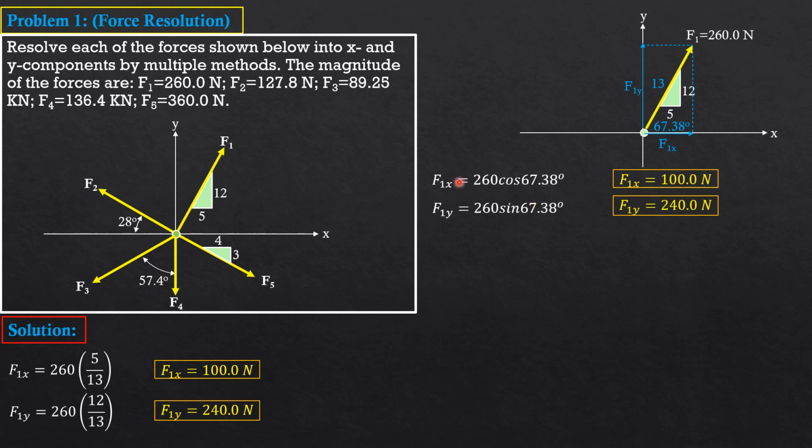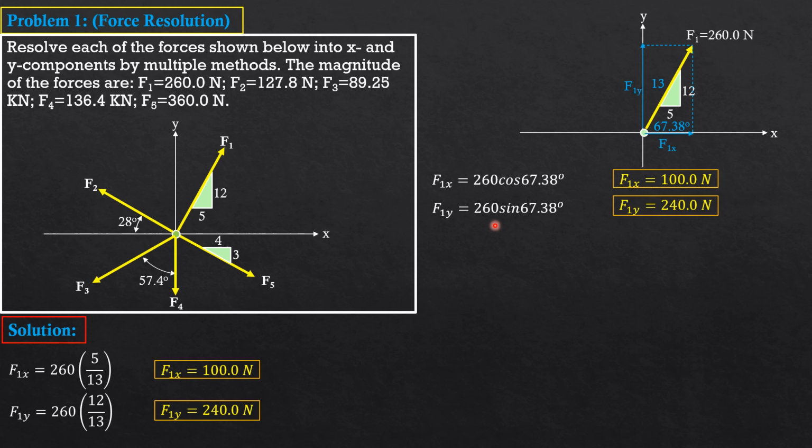Now, if you express the solution into a negative angle or clockwise angle, then it is negative of quantity 360 minus 67.38, and that's negative 292.62 degrees. So F1x is 260 cosine of negative 292.62 degrees. It will give us the same answer.